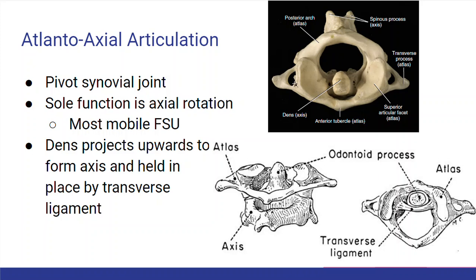We're looking at the atlas from a superior view, and the axis is beneath it, and the dens of the axis protrudes up to fill that space of the atlas where it has no vertebral body. It is a pivot joint, and this allows us to say no, so axial rotation to the right and axial rotation to the left.